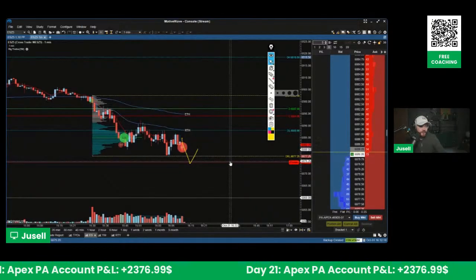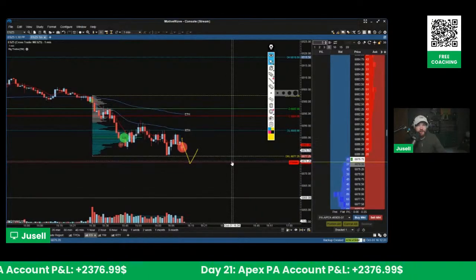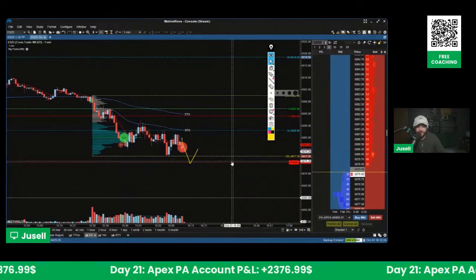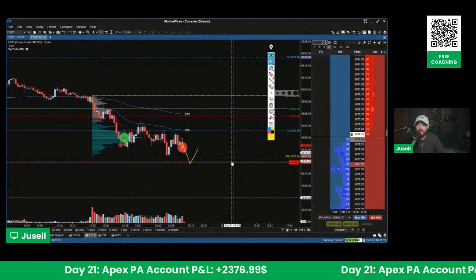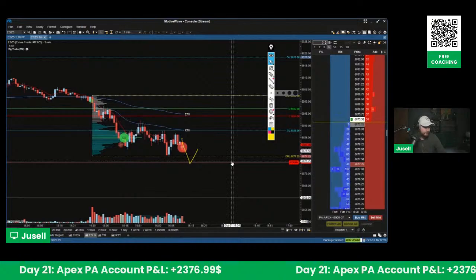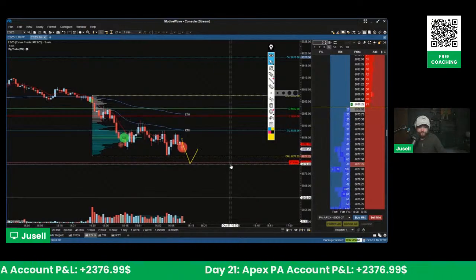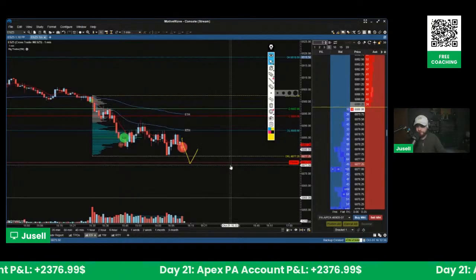Well, this red line here is the previous close. So where yesterday's RTH session closed in equities. Let's see if we can run that specific level.